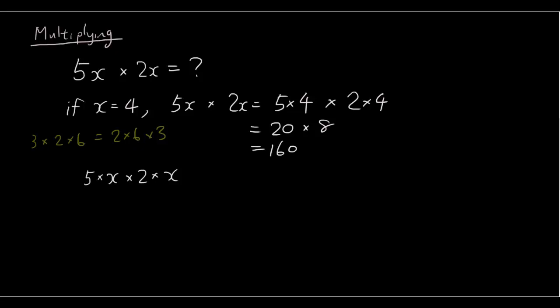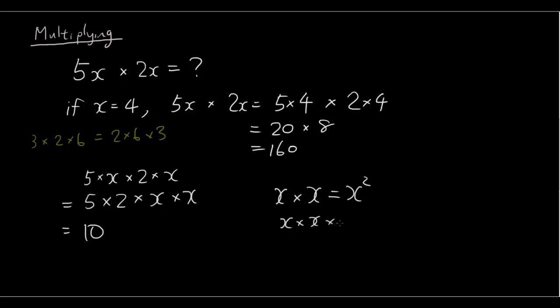So the same thing applies here. We can change the order to 5 times 2 times x times x. Now 5 times 2 is 10. x times x, the short way of writing that is x squared. Now what about x times x times x?